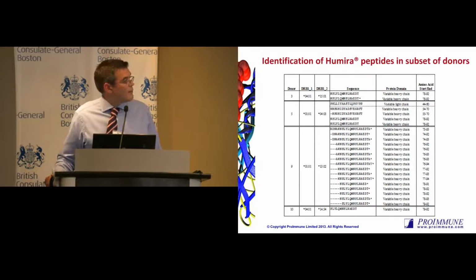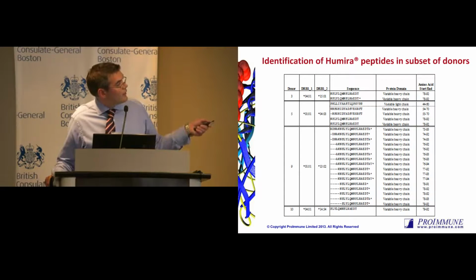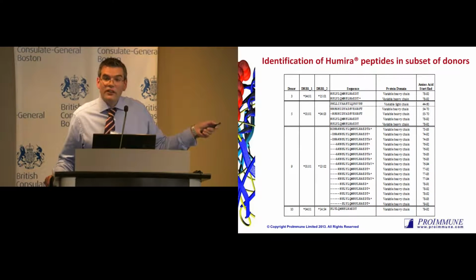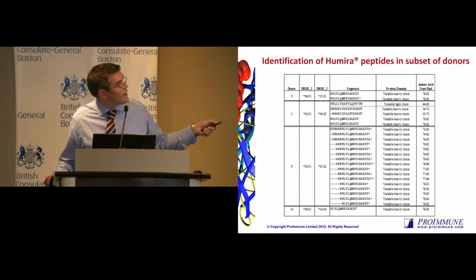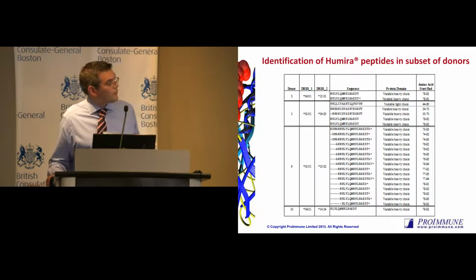And this is just a sample subset of 4 different donors. We have the donor identity down here, donor 3, 5, 9 and 10, and this is their HLA restriction in the context of HLA-DR listed here. So donor 3 is DR4 and DR15. Donor 5 is DR1 and 0403. Donor 9 is DRB1 0101, 1302, etc.